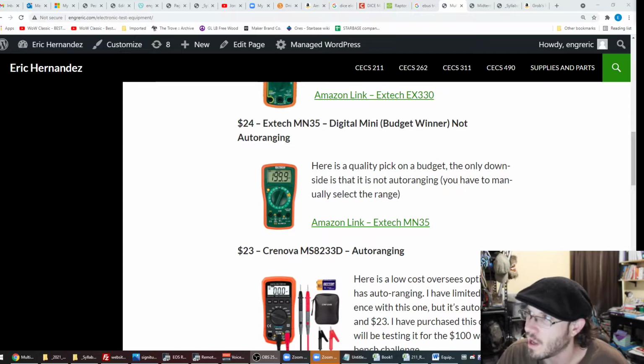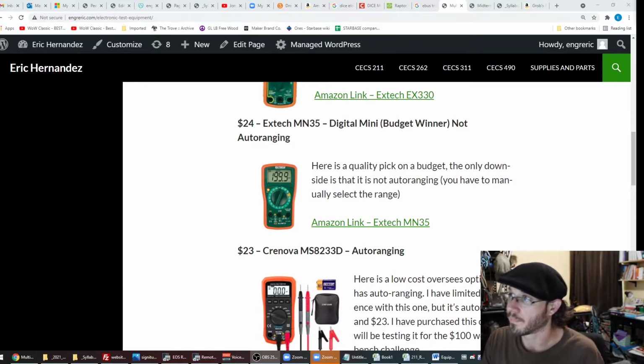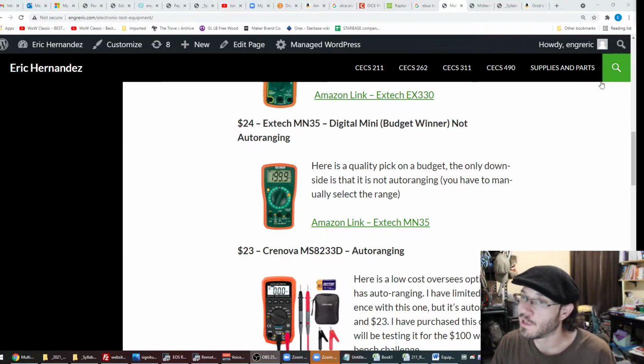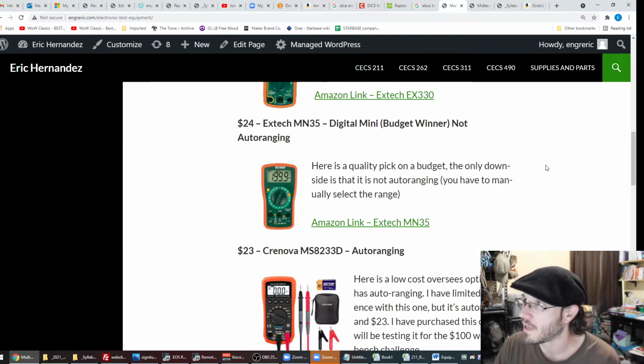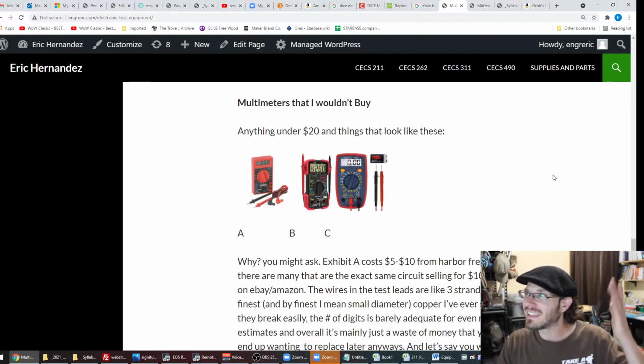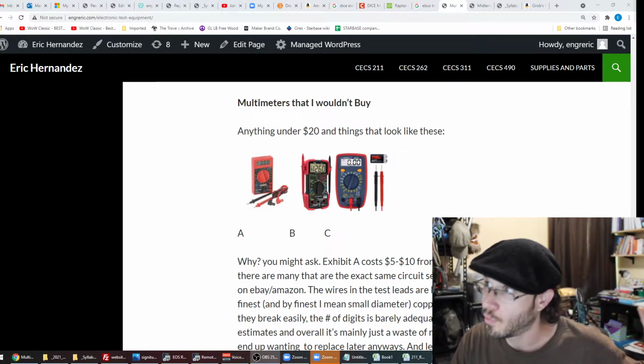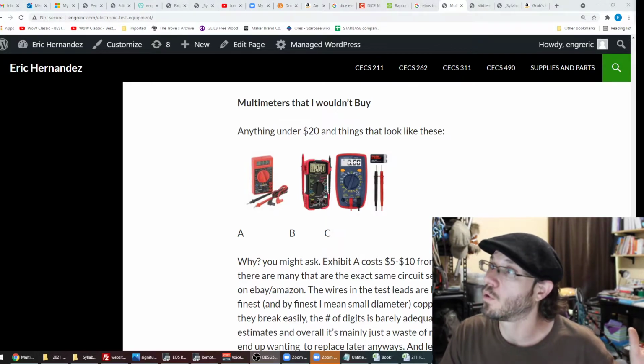You can spend $5 for a multimeter and it'll act like a $5 multimeter. But if you spend $20 on a multimeter, you will get a good multimeter that acts like a $100 multimeter. Okay? So what I'm saying is there is a clear distinction in quality between low cost, falling apart, not good multimeters and pretty good high quality multimeters.